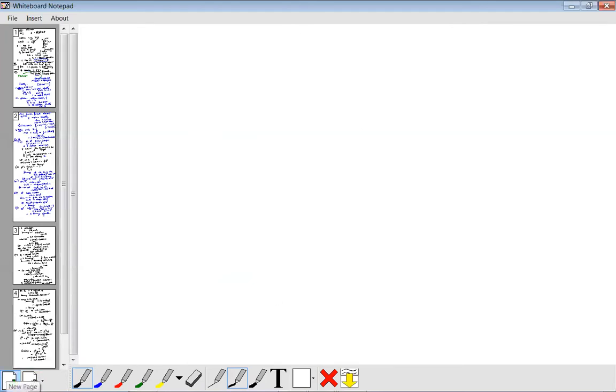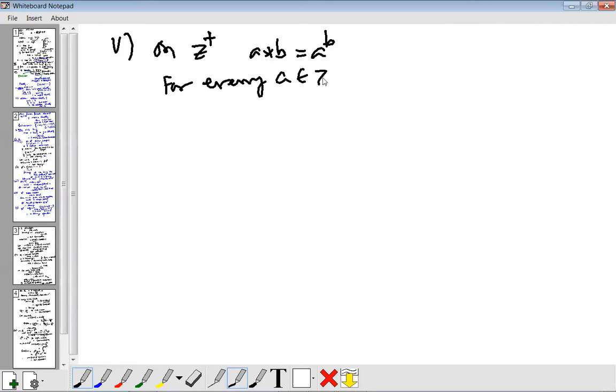So we are done with the 2 to the power of AB also. Then the fifth question is A star B is defined as A to the power of B. On Z plus, A star B is defined as A to the power of B. So for every A belongs to Z plus, B belongs to Z plus, A to the power of B is always a positive integer.